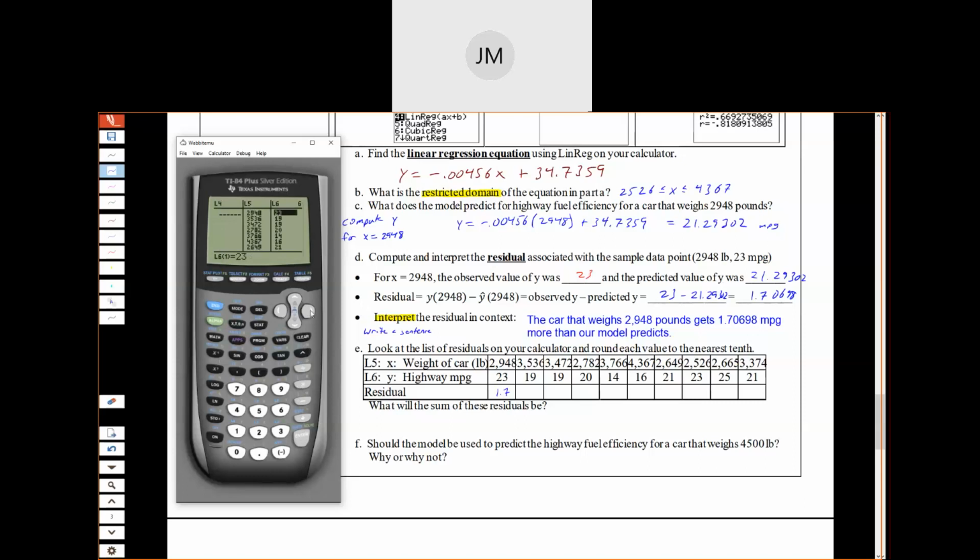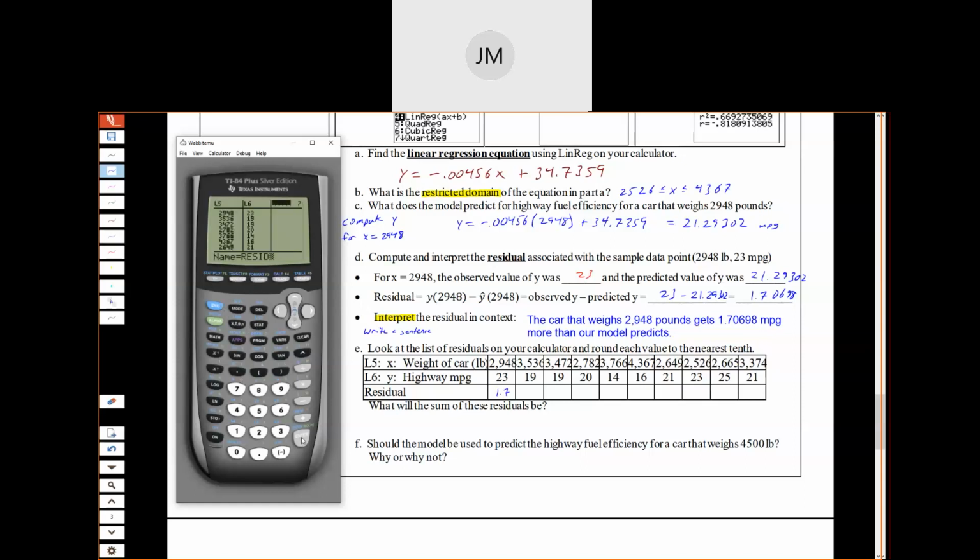I'm going to go over one more, and it doesn't let me when I'm down here, but if I go up so that I'm selecting the names of the lists, then it will let me go over to create another list. It says, please give a name for this list. I'm going to hit enter, but I'm not going to create a name. I'm going to enter that residual list that it already has. So when it asks me for the name, I'm going to hit second and hit list, and I go down to residuals.